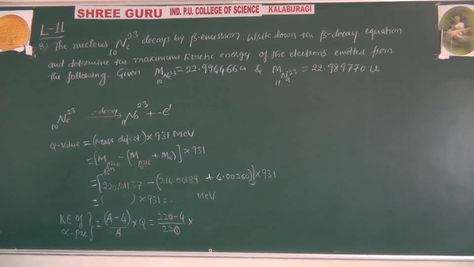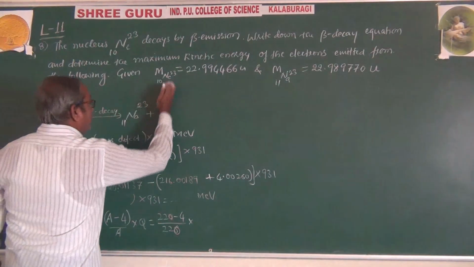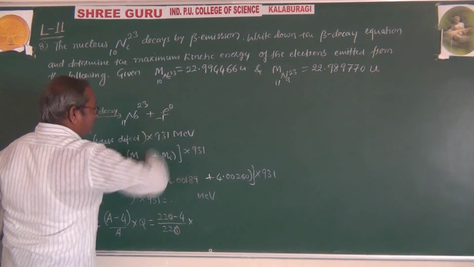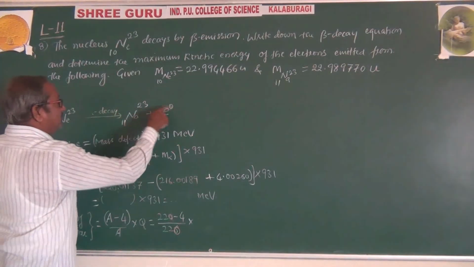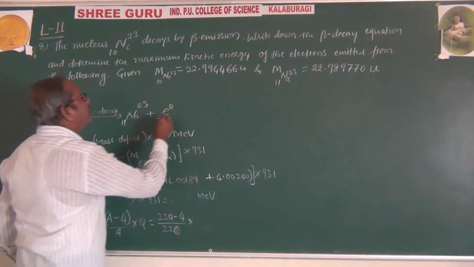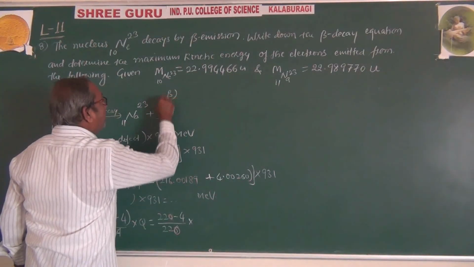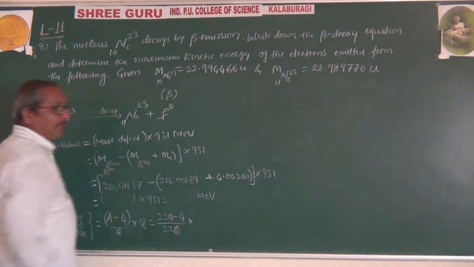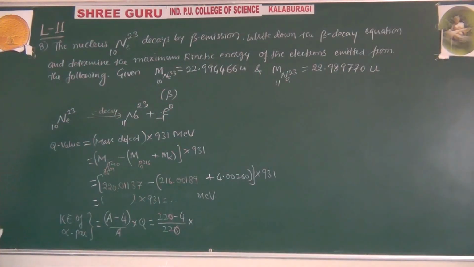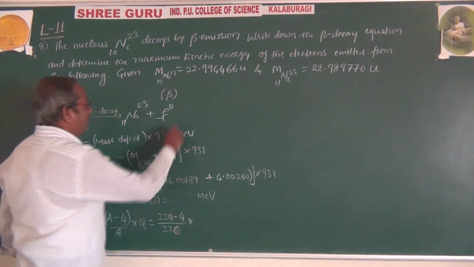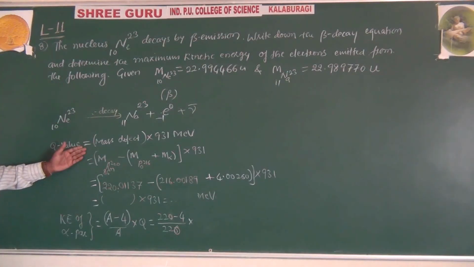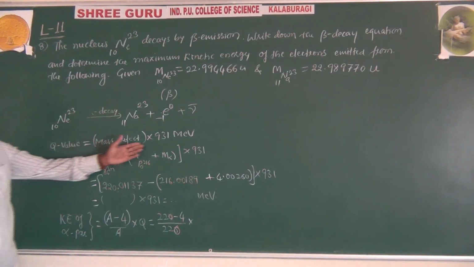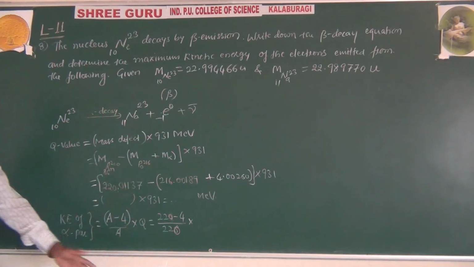Beta emission is written as 0, minus 1. The reaction consists of beta plus some amount of energy, with an antineutrino. Using that, the Q value is equal to mass defect into 931, and we can simplify.